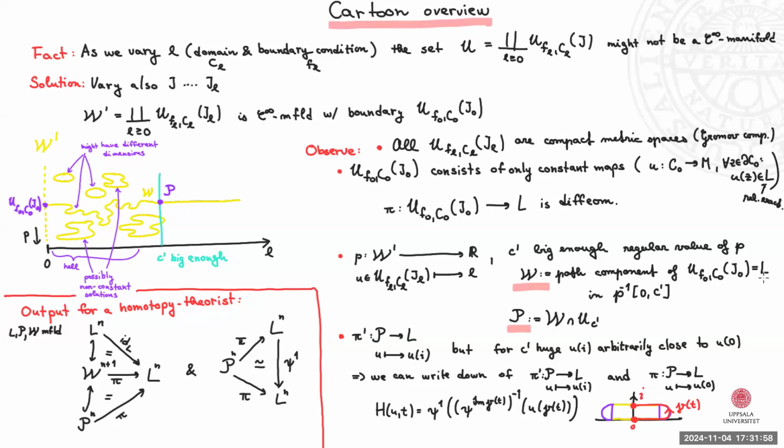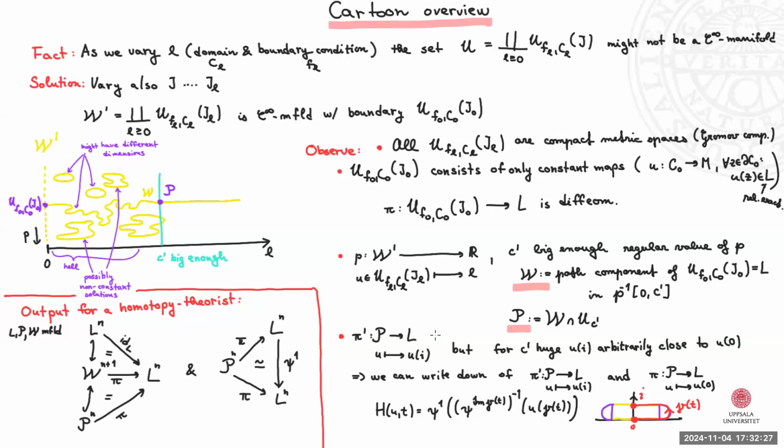You get a smooth n plus one dimensional manifold, and your manifold P is the intersection of this component with the pre-image of your regular value C prime.